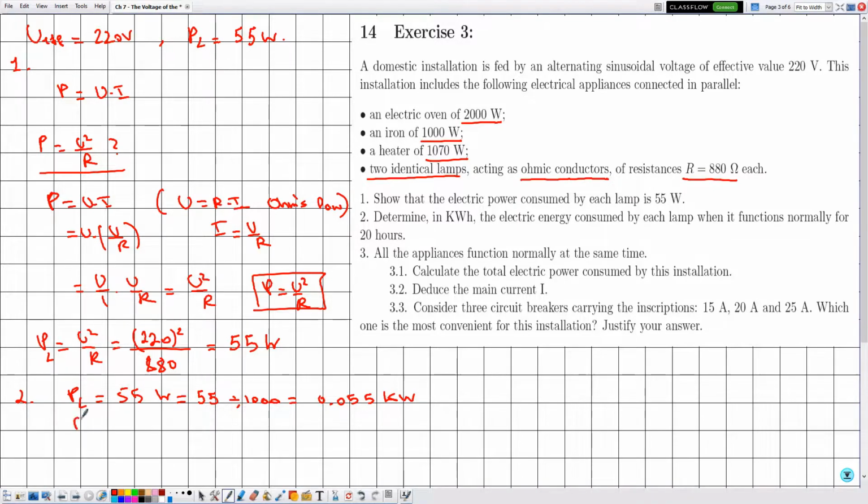So the power of the lamp in kilowatts is 0.055 kilowatts. So the electric energy of the lamp is given by P of the lamp multiplied by t, which is equal to 0.055 multiplied by 20. Plugging this on the calculator.